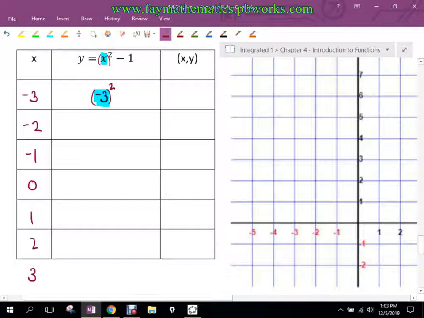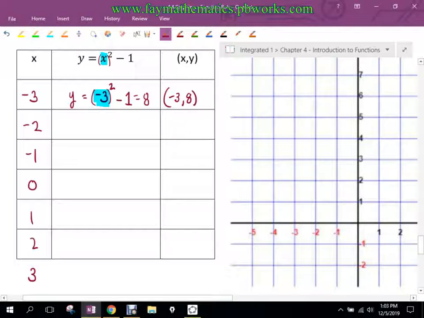Because I want to make sure that -3 like this squared is +9, right? What is this squared as? What does that give me? -9. We want to make sure we get the right one, right? Okay? So we're going to get (-3) squared minus 1. That's what y is equal to. So what's -3 squared? 9. Minus 1 then is 8. So I get the ordered pair -3, 8, right?